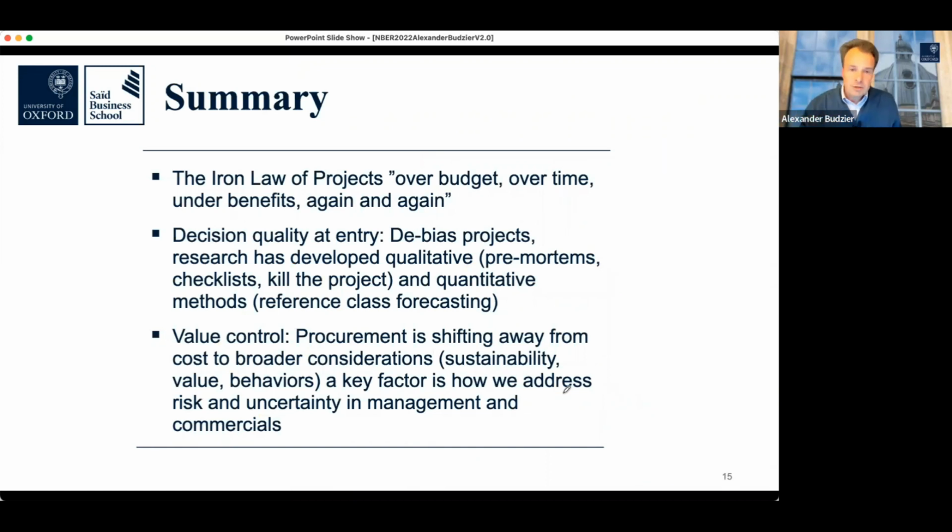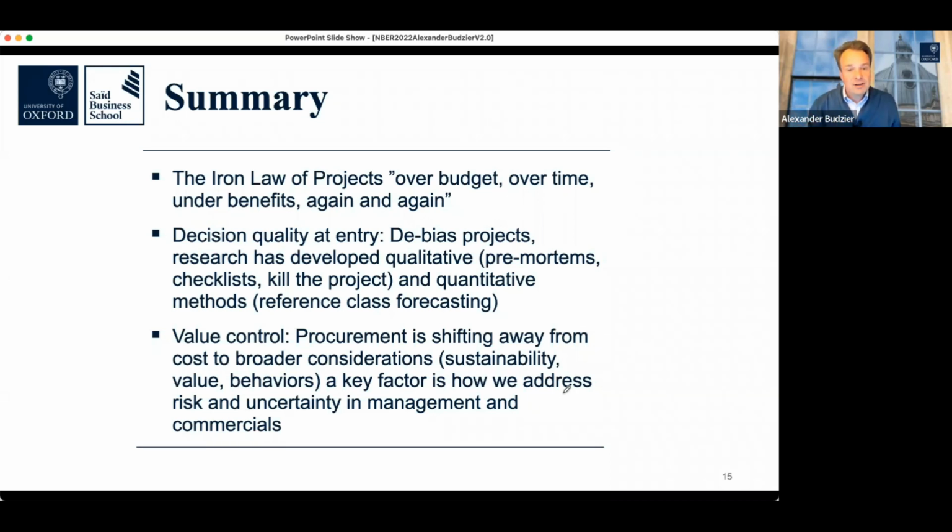When I look at the research, there's a lot of work that has been done. There's a lot more work to be done in terms of how we can get that decision quality at entry up. We know that the psychologists have been really great at raising awareness of some of those decision traps, and have provided us with great checklists. There's great power in data, and as economists, we're really good at data, so there's great power in data to help with that.